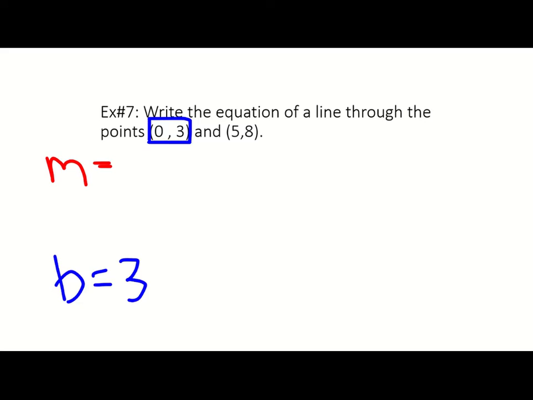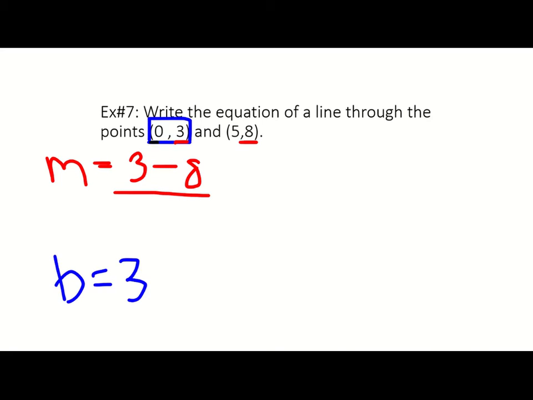Now as for the slope, I have to use the formula subtraction of y over subtraction of x to figure it out. So what I'm going to do for the slope is I'm going to take the y value of the first point, which is 3, and I'm going to subtract the y value of the second point, which is 8. And I'm going to divide that by the subtraction of the x's, and I'm going to go the exact same order.